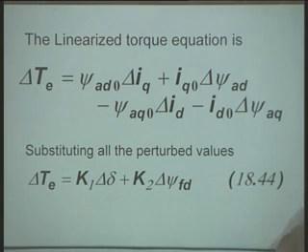Now, we come to our main equation, that is the expression for air gap torque. We have to write down the incremental change in air gap torque, that is delta TE.